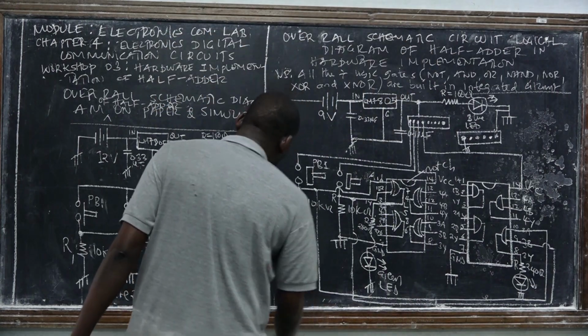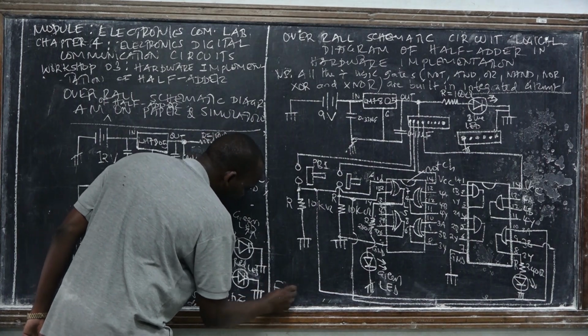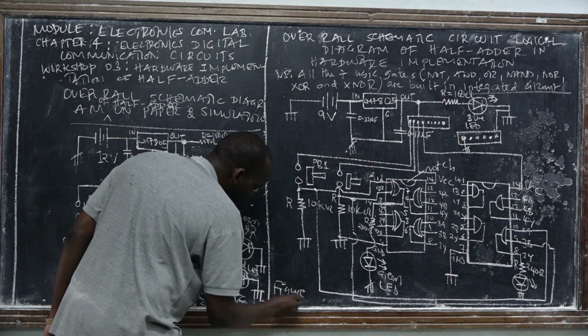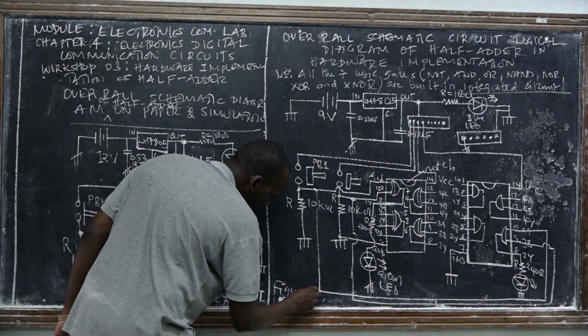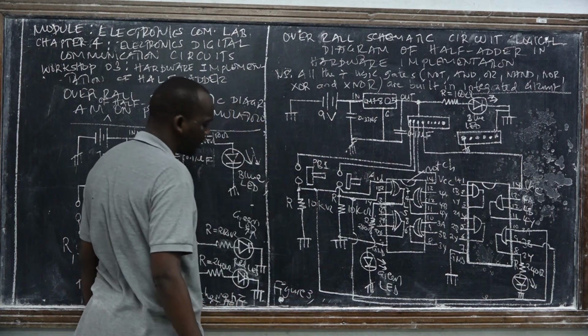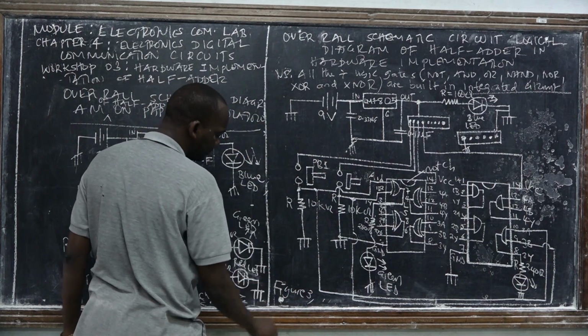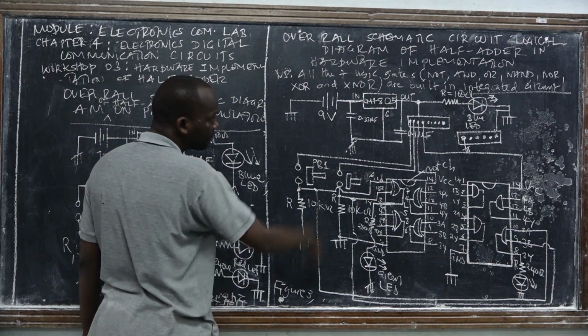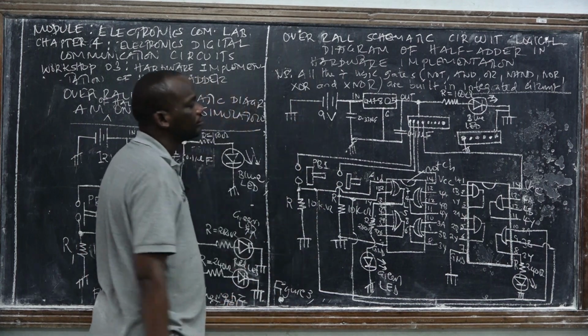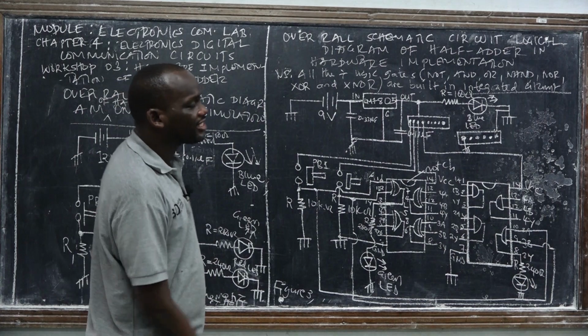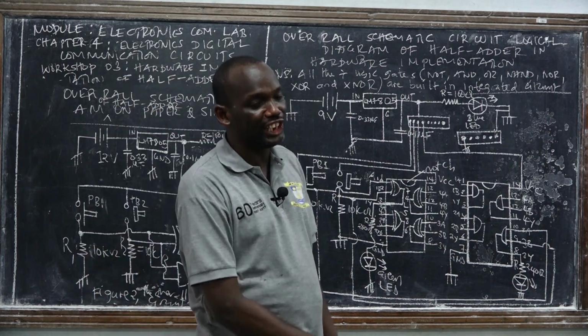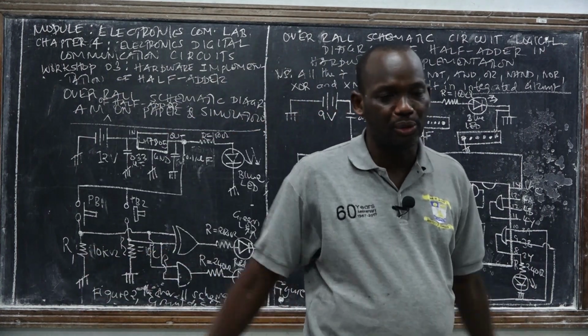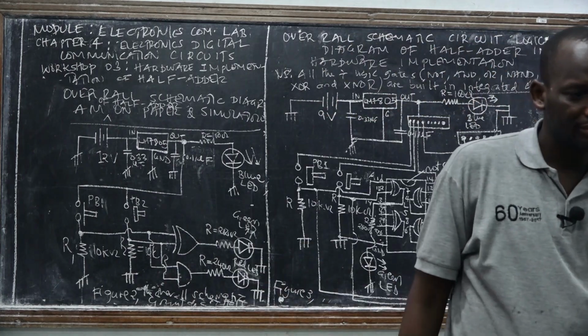Don't forget to label or to name. This is figure 3. Then what is its name? So once you have that schematic circuit diagram, what you just need is electronic components to build it and test it.